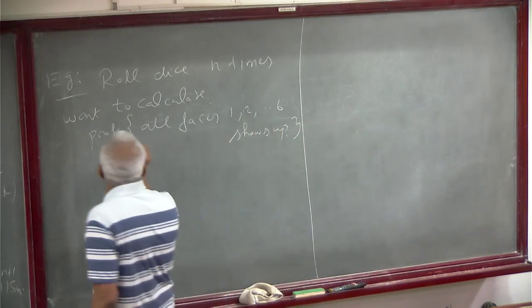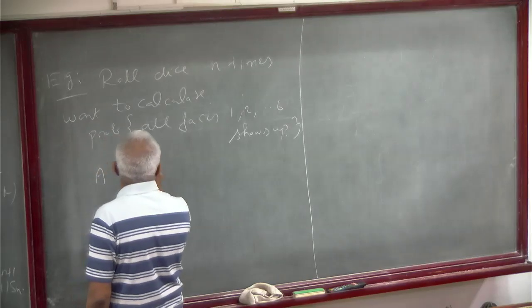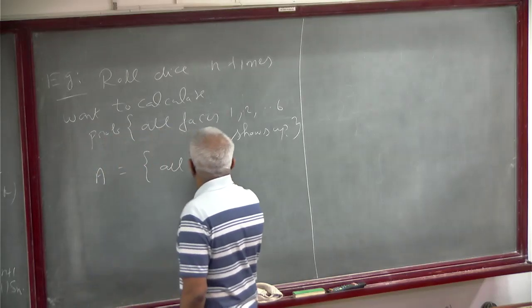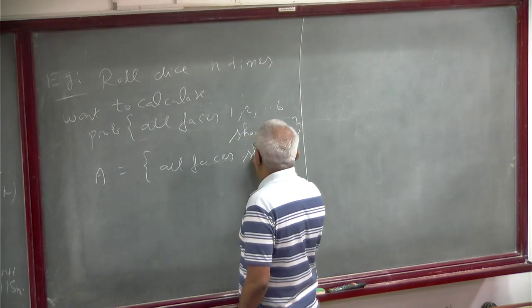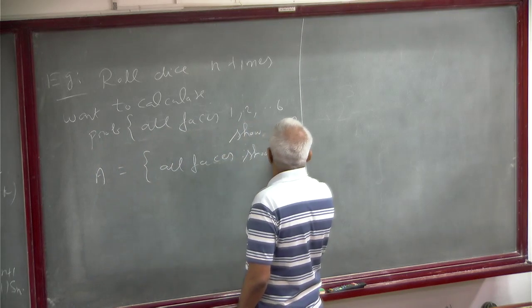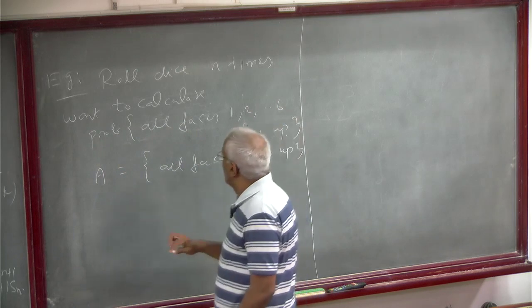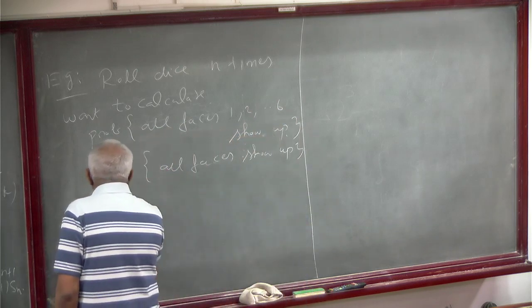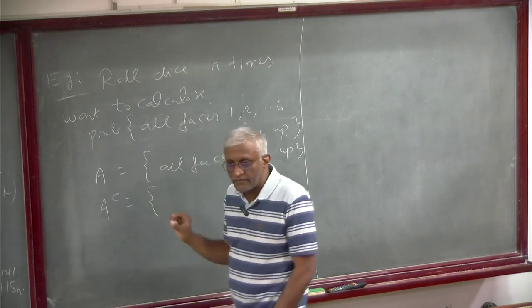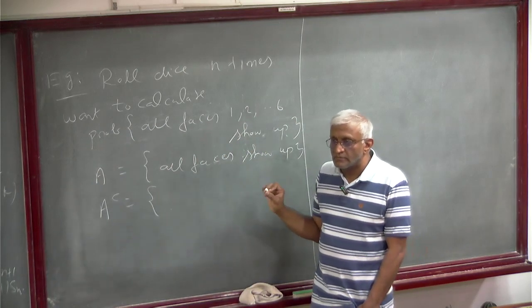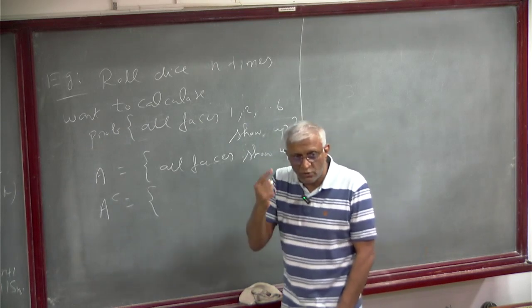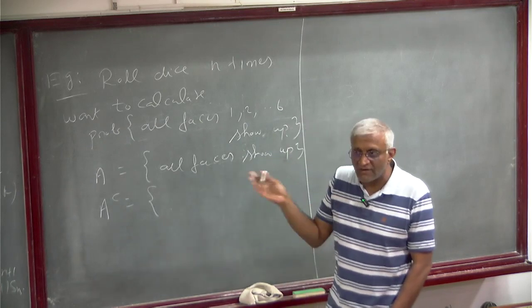So let A be equal to this: all faces show up. Then what is A complement? Five or fewer faces. In other words, at least one face doesn't show up. That's what the complement is.